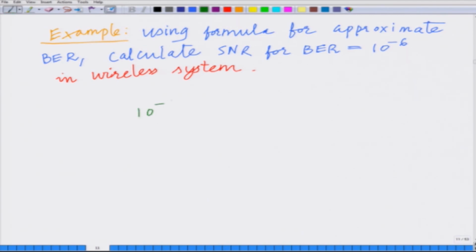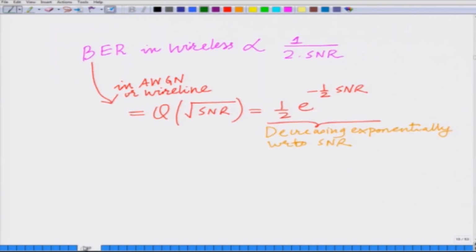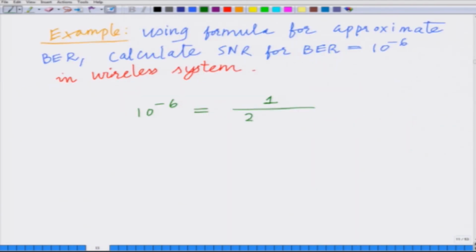And for this purpose, what do we have? We have 10 to the power of minus 6. Remember, now we have to use the approximate formula, which is 1 over 2 SNR. So, that is equal to 1 over twice SNR, which means SNR equals 1 over 2 times 10 to the power of minus 6, which is equal to 0.5 into 10 to the power of 6.